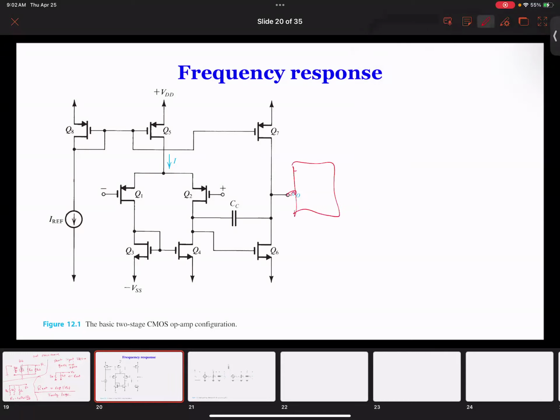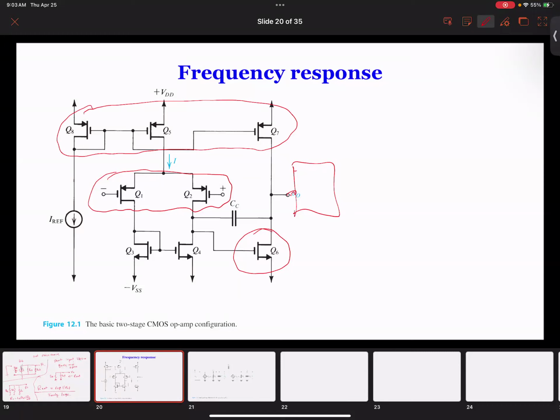You also see here that the first stage is a differential amplifier, and the last stage is a common source amplifier. We do have current sources built in by Q8, Q5, and Q7. Those are current mirrors.